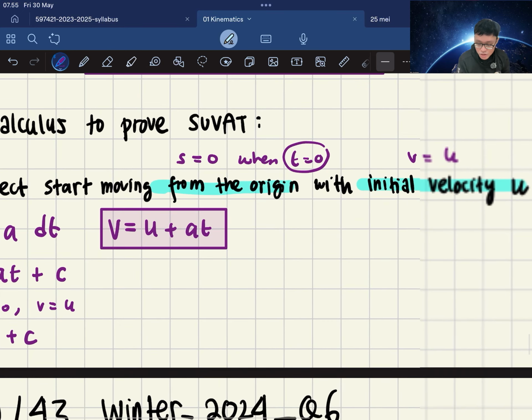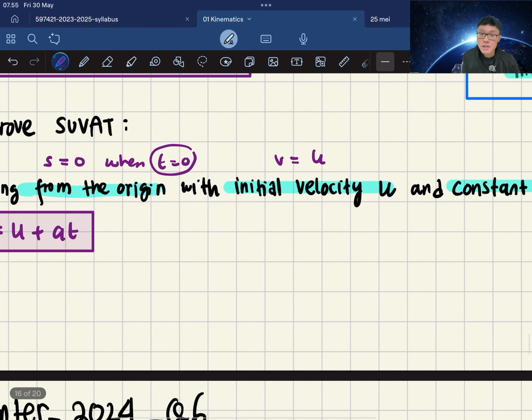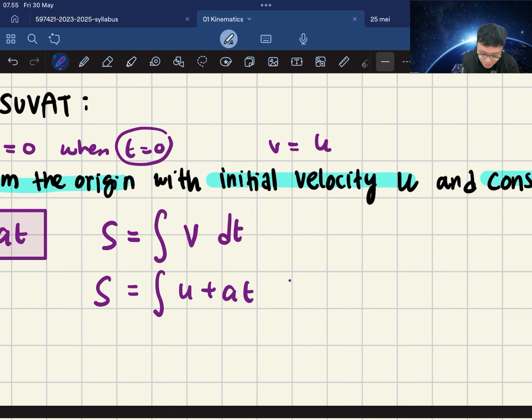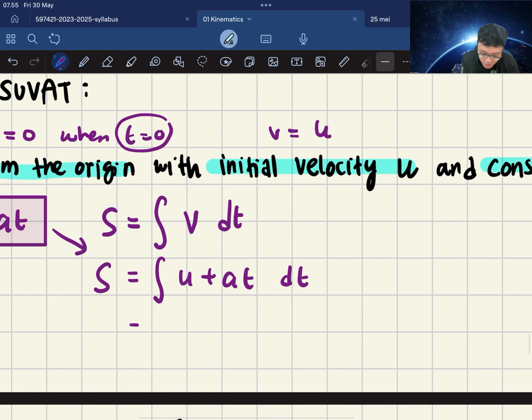Now, we can also prove the displacement formula. So s equals integral v dt. So integral of v, which is u plus at, we use the formula before, and then u is constant, which is the initial velocity, so it becomes ut, plus a is constant, so it becomes half at squared, and then plus c.